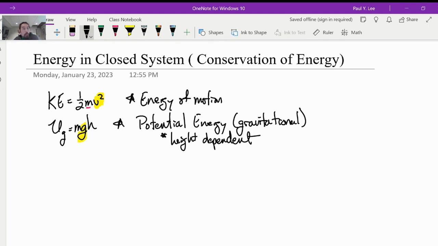What that means is that if an object is at a height that is not zero, so if m is not at 0 meters, then it has potential energy.